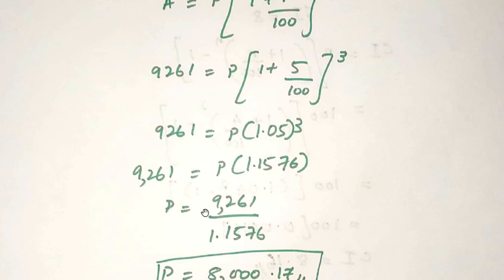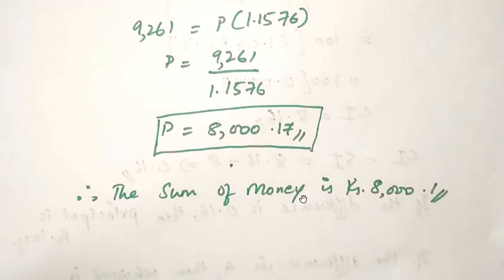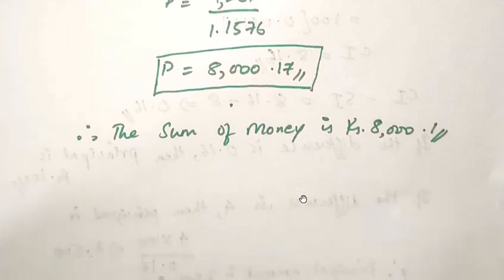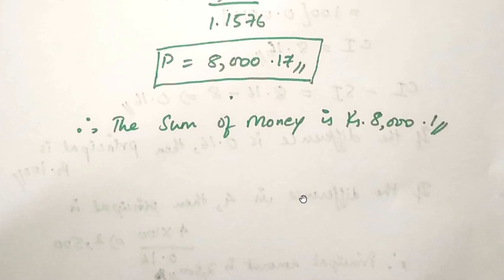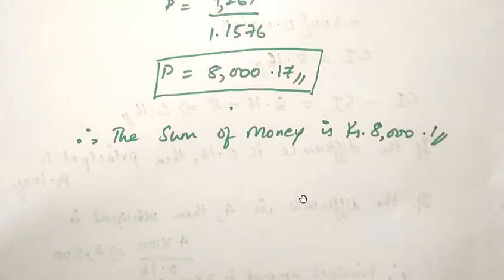Therefore principal is equal to, when multiplication goes to the other side, it will become division, so 9,261 divided by 1.1576. Therefore your principal is 8,000.17. So the sum of money is 8,000 when you round it off.